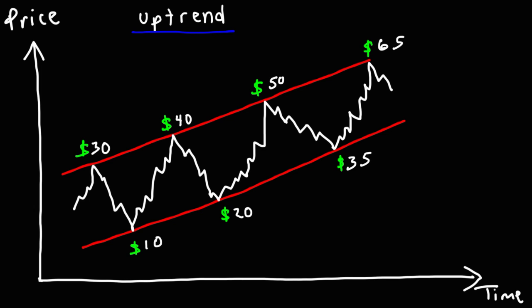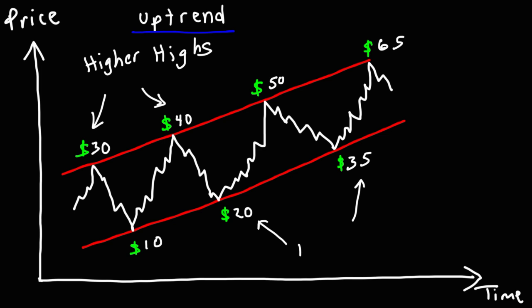Now in this example, we can see that the stock is clearly in an uptrend. The price of the stock is generally moving in the upward direction. Notice that the stock is making higher highs, but it's also making higher lows.